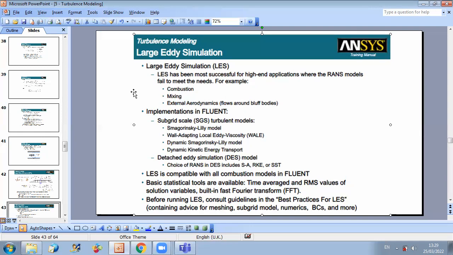So you have a lot of other models that can be included to treat subgrid scales. Now, large eddy simulation is compatible with all combustion models in Fluent. Basic statistical tools are available in large eddy simulation. You can do time average and RMS values of solution variables. And also, before running large eddy simulation, you should read more about the best practices for large eddy simulation, because it requires specific meshing and meshing treatment, subgrid model, and numerics, plus appropriate boundary conditions.